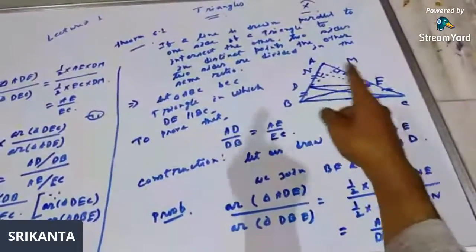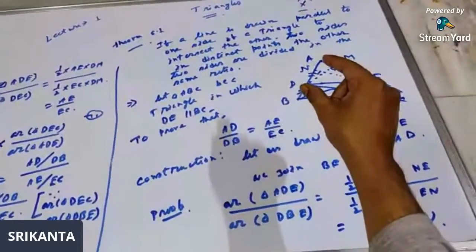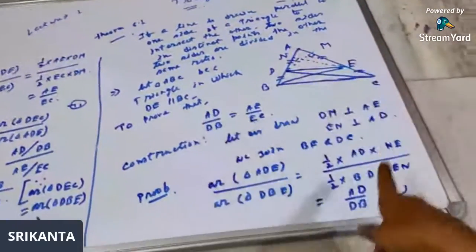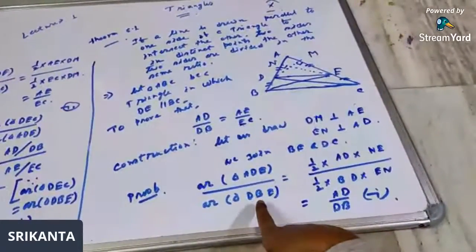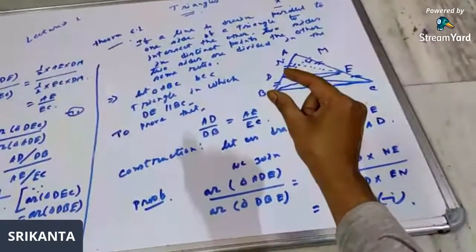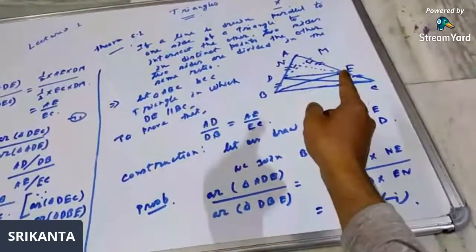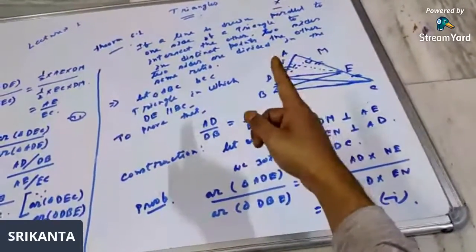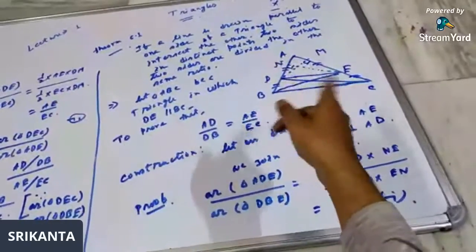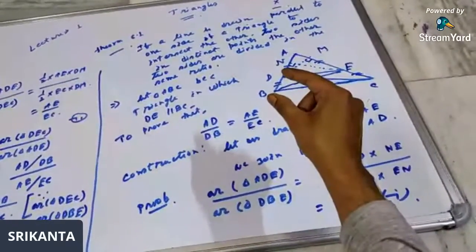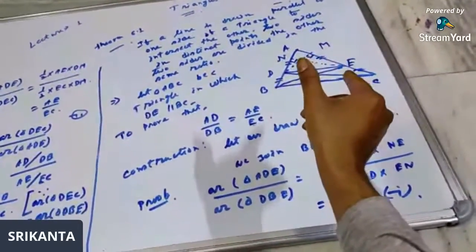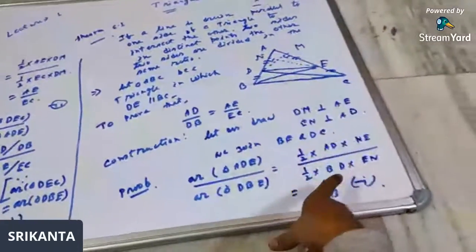So triangle ADE's area will be half into base, meaning AD, and height, meaning NE. Similarly, triangle BDE's area will be half into base, that means BD, into height. Height will be the same. Height means what? The perpendicular distance between the vertex and the base, right? So here BD is the same line, so the perpendicular distance will be the same, therefore NE.